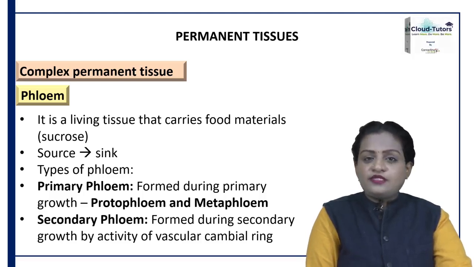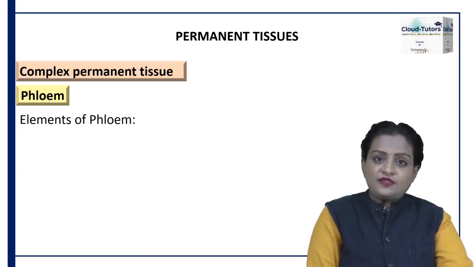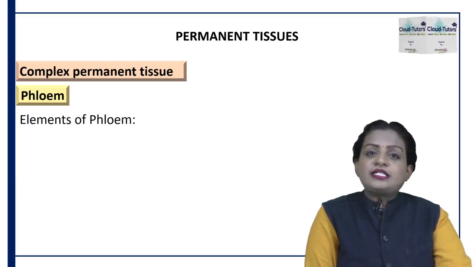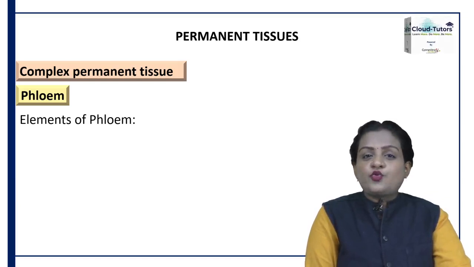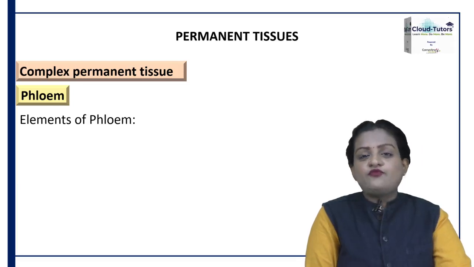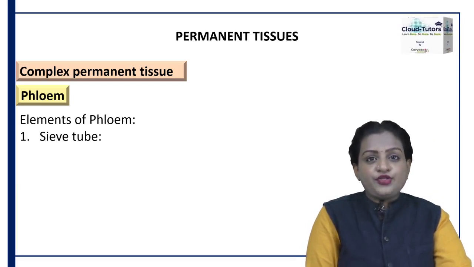So phloem is very simple. But phloem has particular elements similar to xylem. They also have 4 elements, but they differ in structure and function, of course, because xylem transports water and minerals. Phloem is transporting the photosynthetic product and other food substances. So first element is sieve tube.